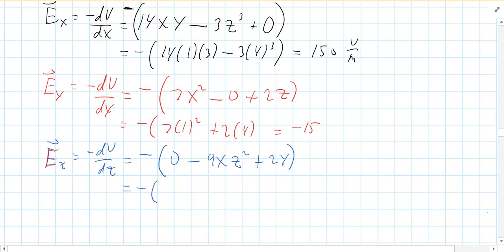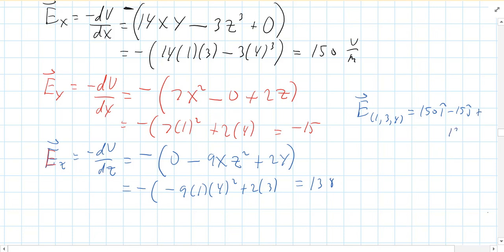So we get negative 9 times 1 times 4 squared plus 2 times 3. And when I plug those in, I get 138. So my electric field at 1, 3, 4 is 150 i hat minus 15 j hat plus 138 k hat volts per meter.